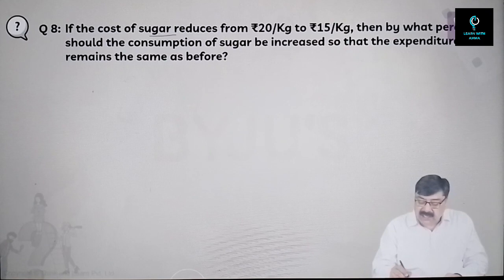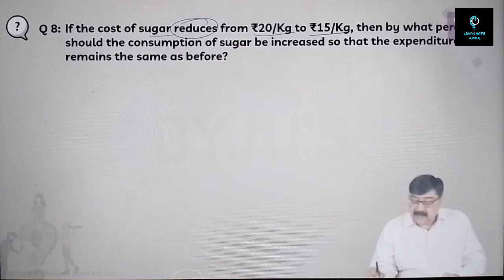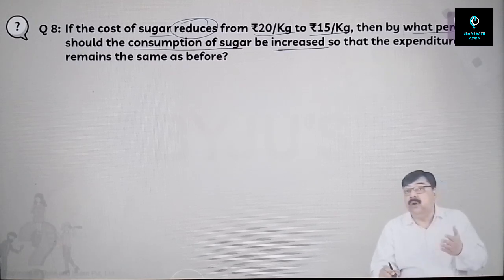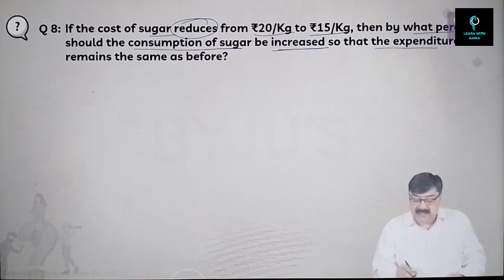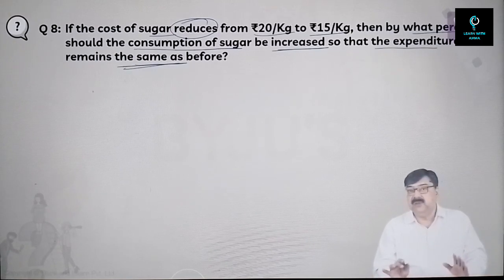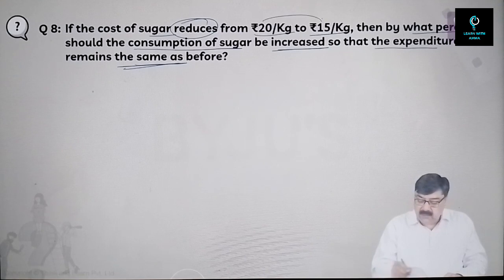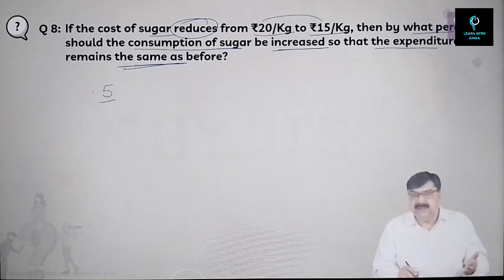Now look at this one. The cost of sugar reduces from 20 rupees to 15 rupees per kg. Then by what percent should the consumption of sugar be increased so that the expenditure remains the same? Expenditure is to remain the same. Now 20 to 15. How much is the decrease? 5 rupees. Over how much price? The previous price.